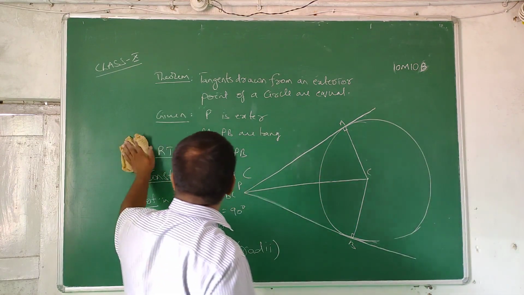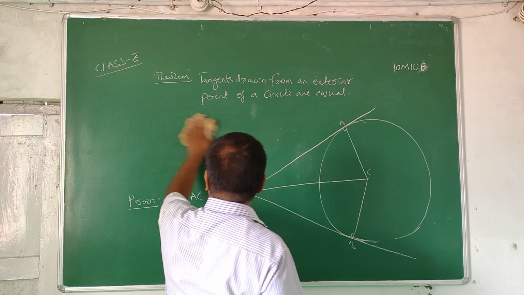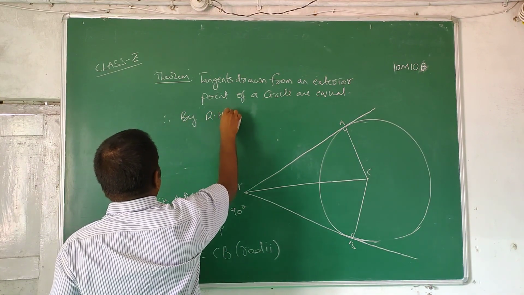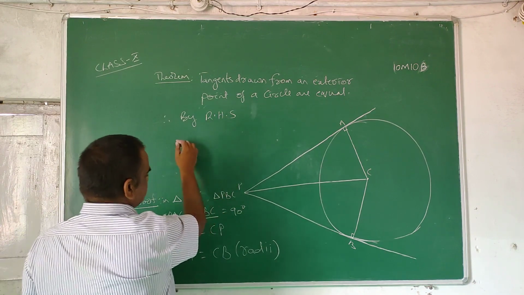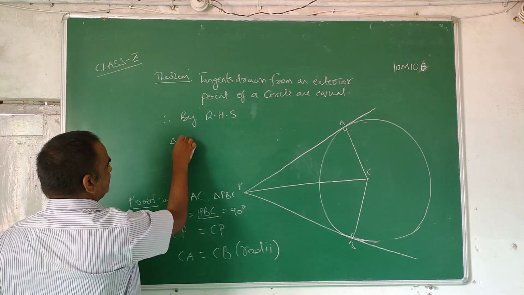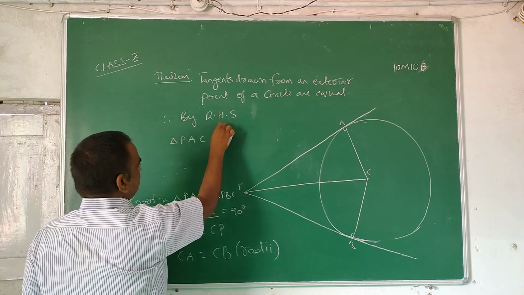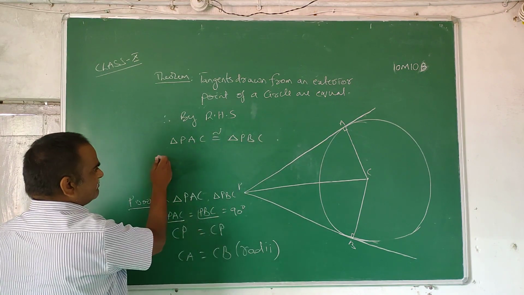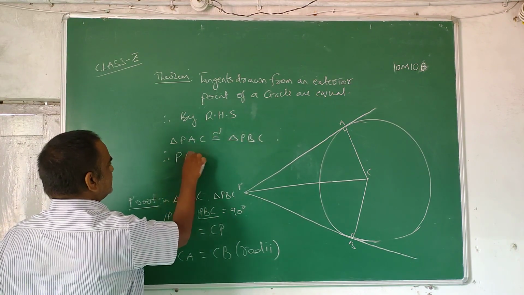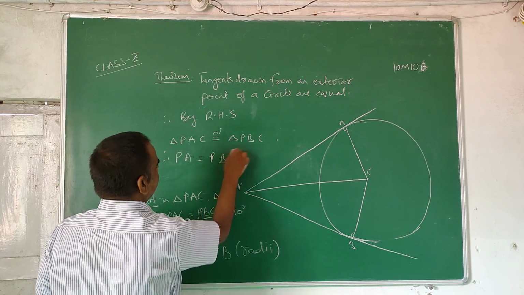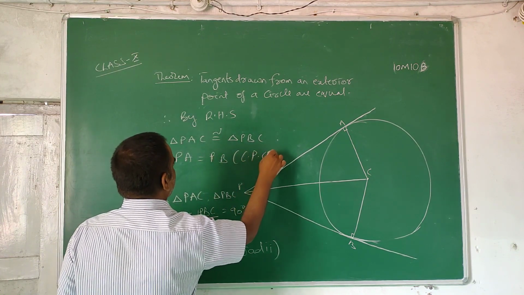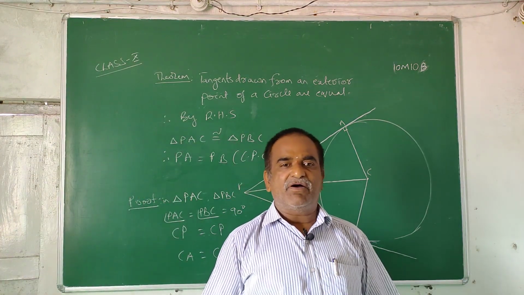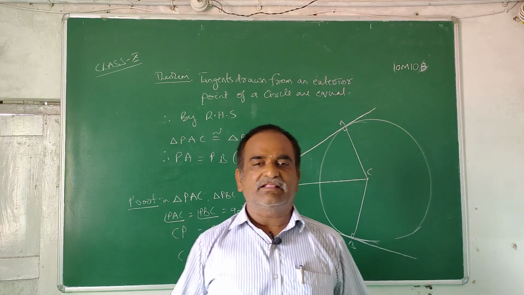Therefore, by RHS congruency, you can conclude that these two triangles are congruent. So, triangle PAC is congruent to triangle PBC. As the two triangles are congruent, by CPCT, you can conclude that PA is equal to PB. Hence, proved the theorem. Thus, tangents drawn from an external point of a circle are equal, successfully proved.